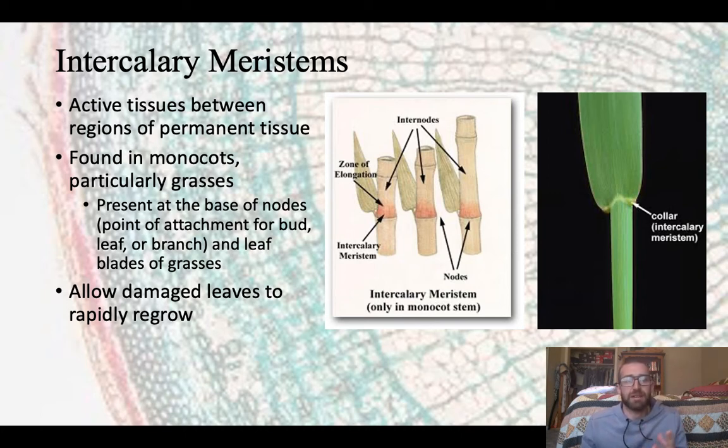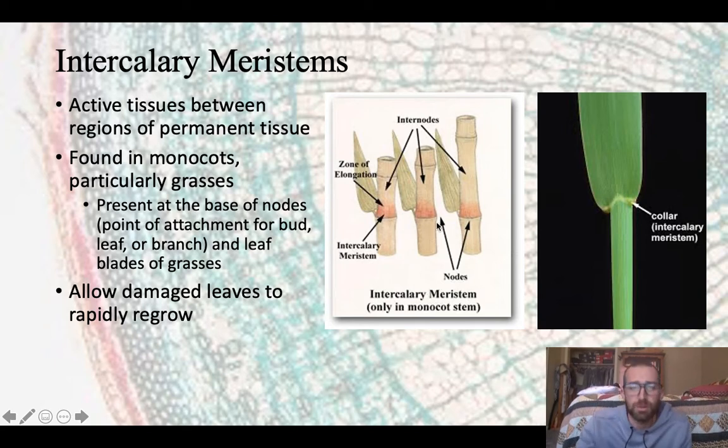These are found in our monocots, particularly our grasses. These intercalary meristems are found between sections of permanent tissue, and they're found at the base of nodes. So nodes are just attachment points for a leaf or a bud or a branch. Right here, this would be a node where this leaf is attaching to the stem.